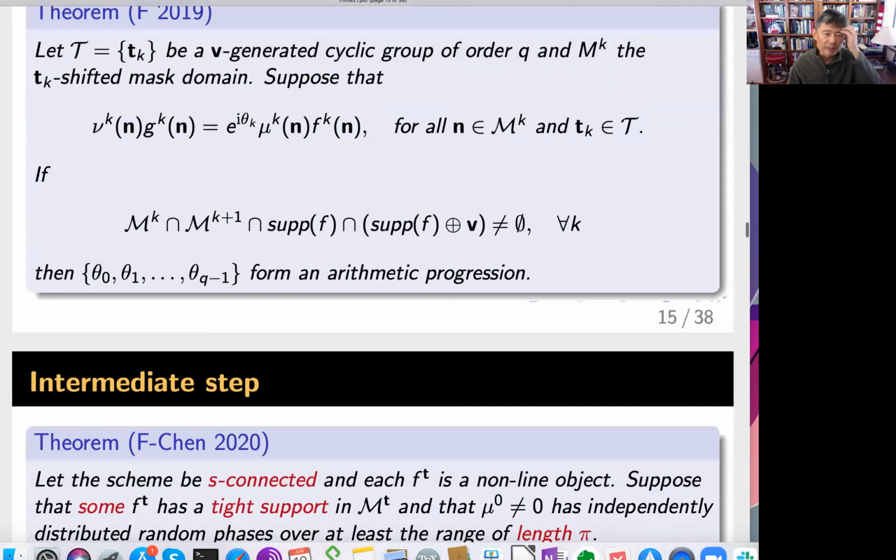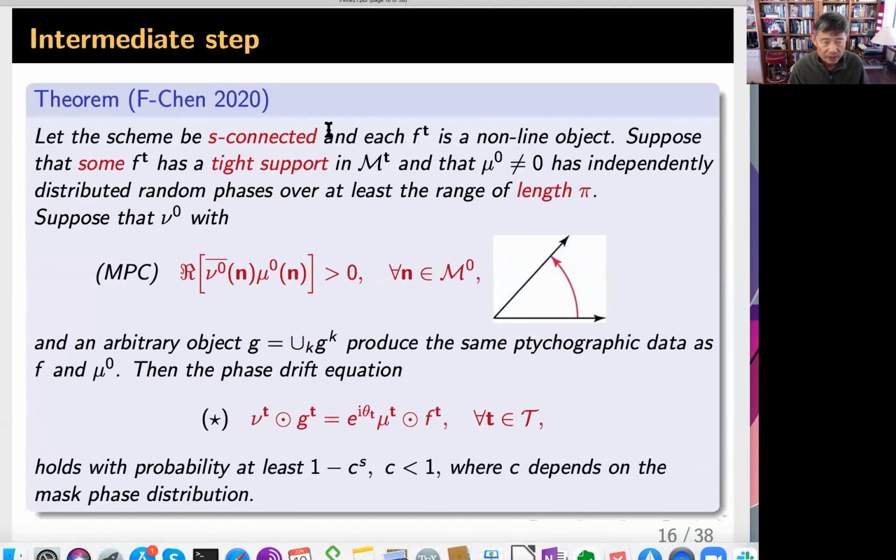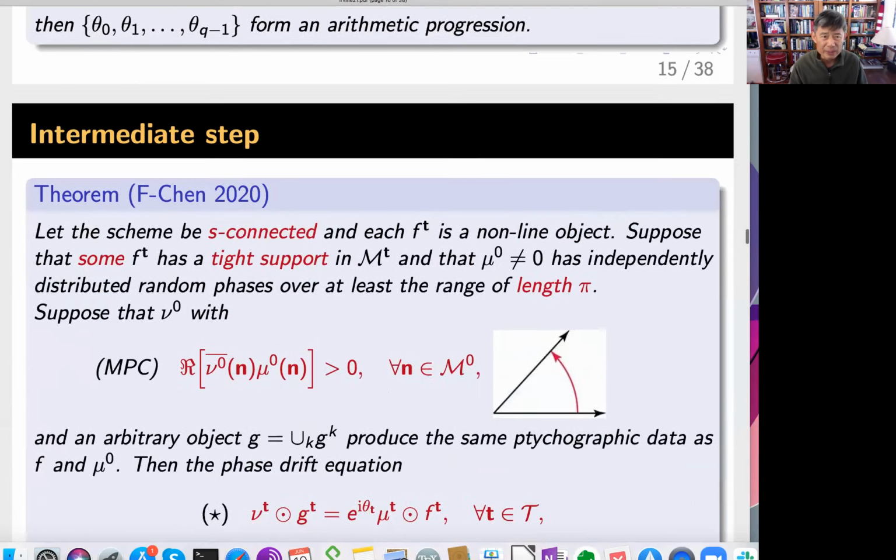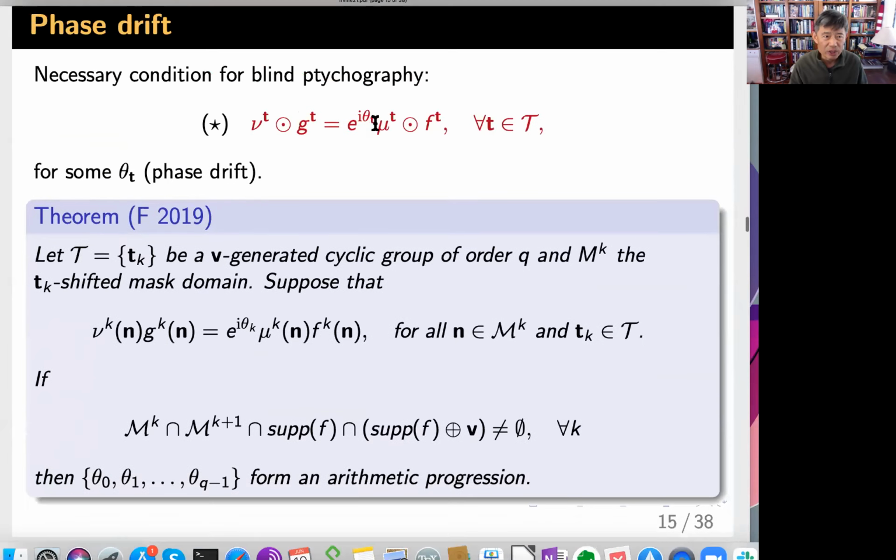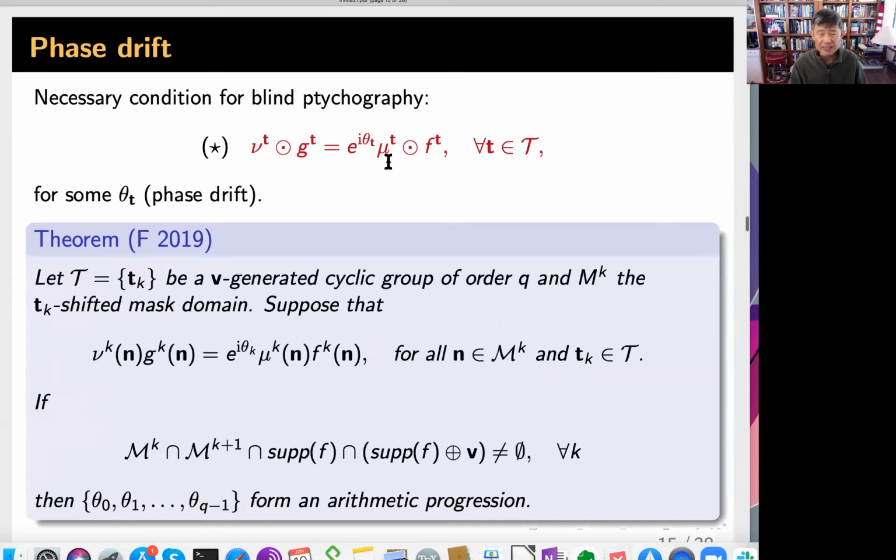All right, so here's the main theorem for the theory, to get the intermediate result. I call it an intermediate result because this is not recovering the object and mask separately yet. They must still be multiplied together. We're looking at the product as a whole.